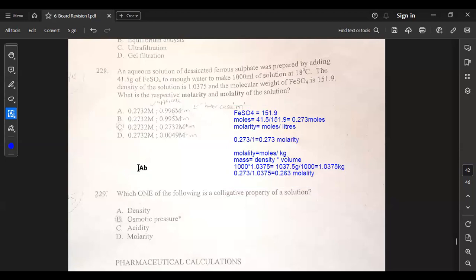So that's how I arrived at C. Is that okay for everyone? Yeah, that's perfect. Okay, so for 28, it's C.